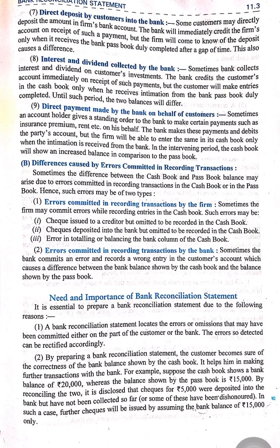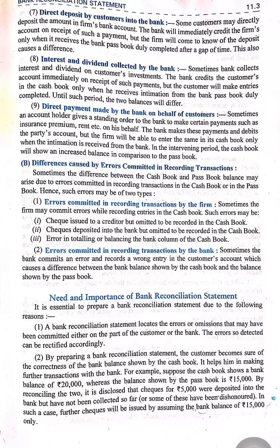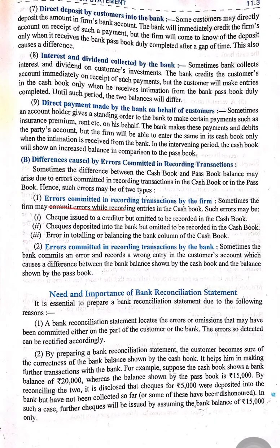And now, differences caused by errors committed regarding transactions. So these are the errors. Check issued to a creditor but omitted to record in the cash book. Check deposited into bank and omitted to record in the cash book.